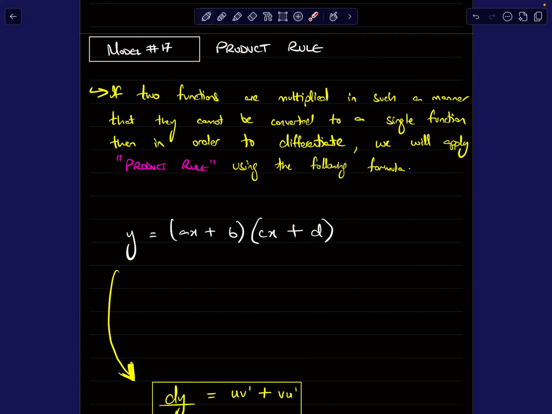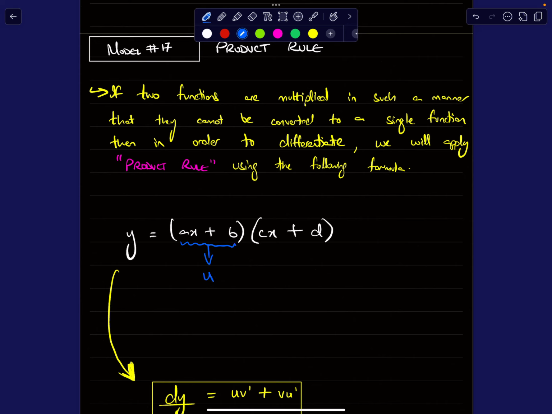The first step would be to consider one of the functions as u. I'll consider this whole function as u and this whole function as v.